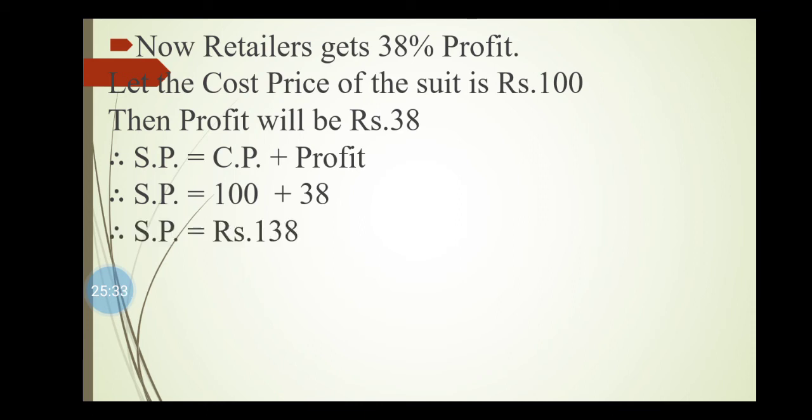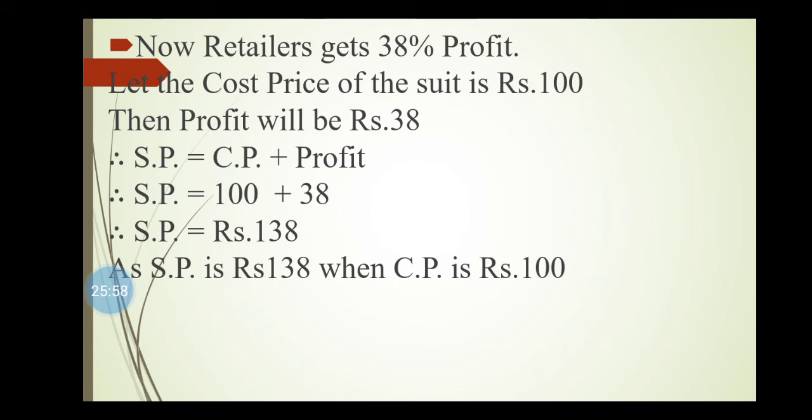That means selling price is rupees 138. Selling price means the price for which the retailer sells the suit. So when cost price is rupees 100, in that case selling price is 138.